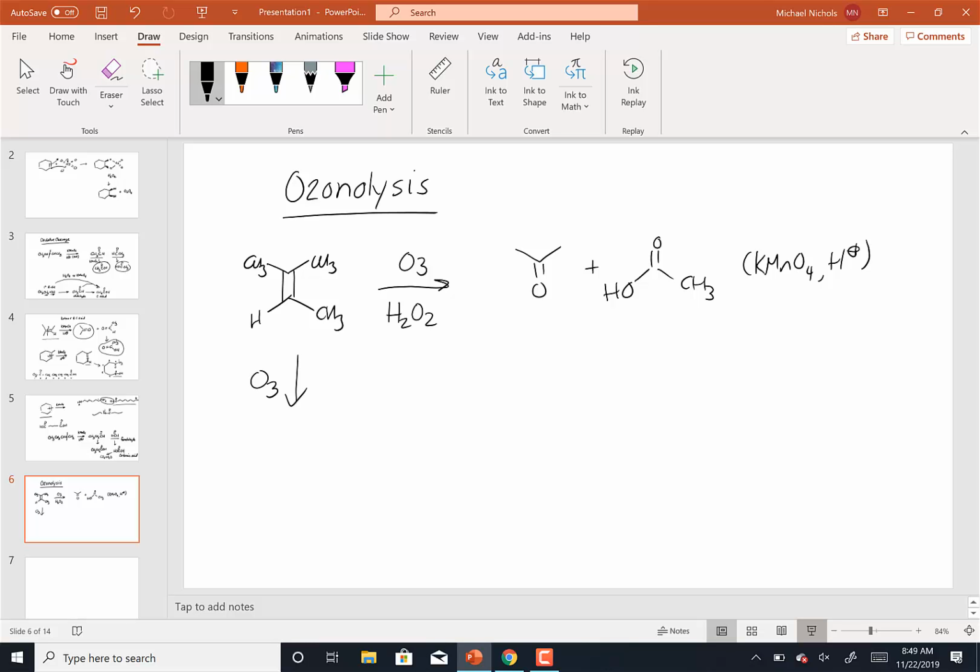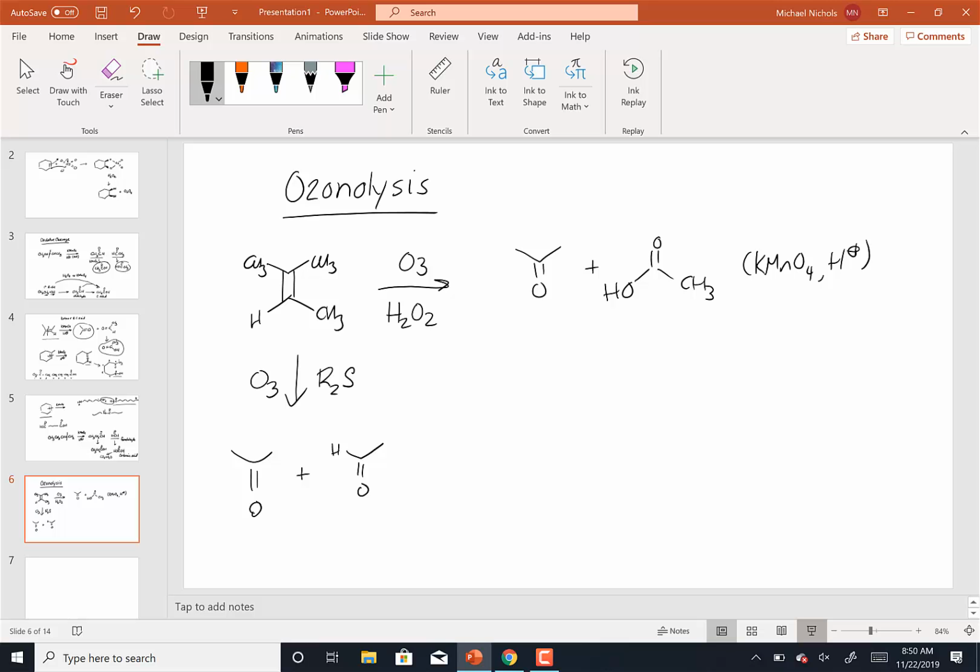So ozone first, which will cleave the double bond, and then I would use something like R2S, which is basically a sulfur analog of an ether. So it has two alkyl groups on either side of the sulfur. In this case, the ketone is still going to be formed, but now the aldehyde will stay as the aldehyde and not be further oxidized.